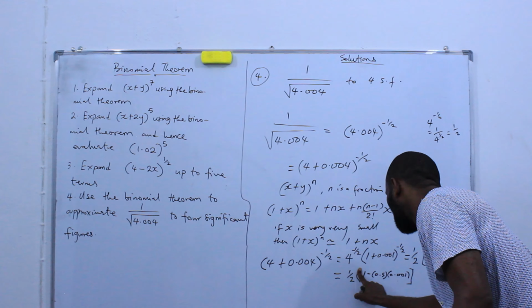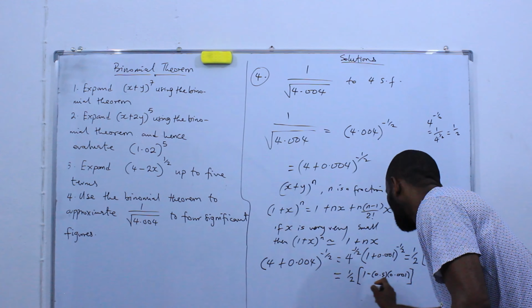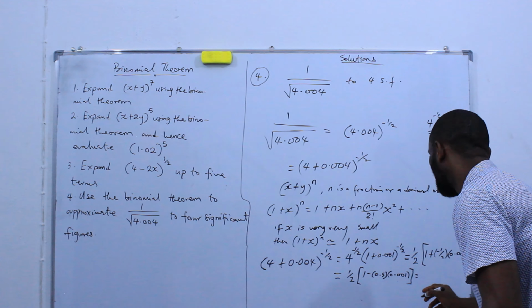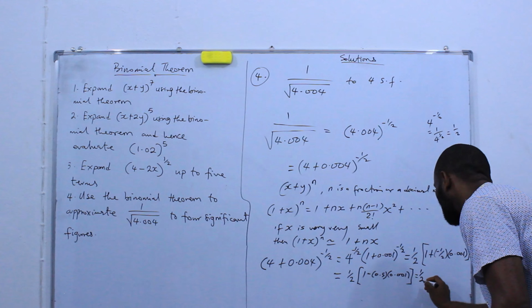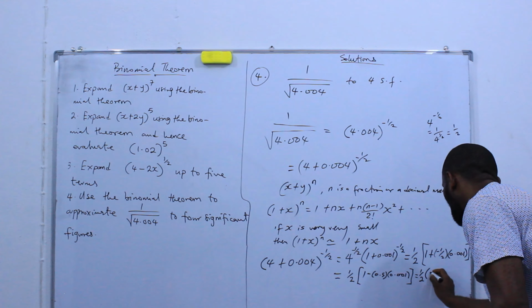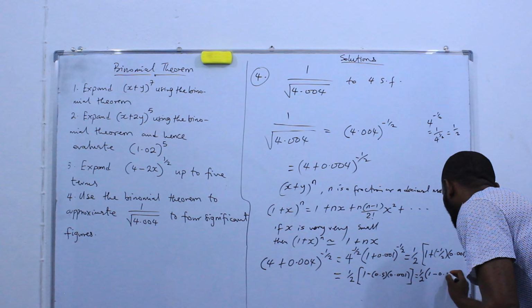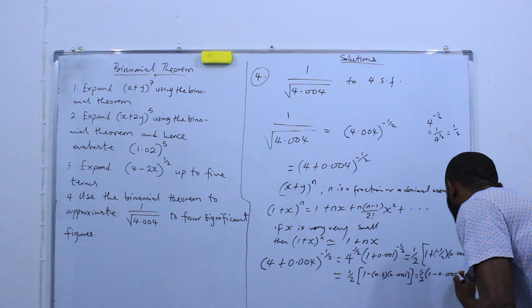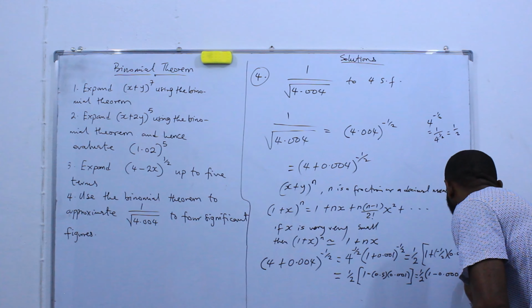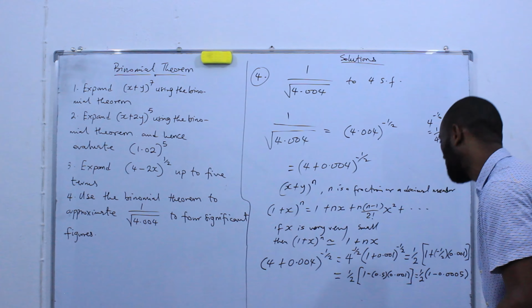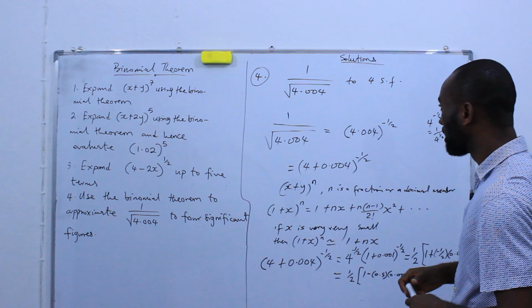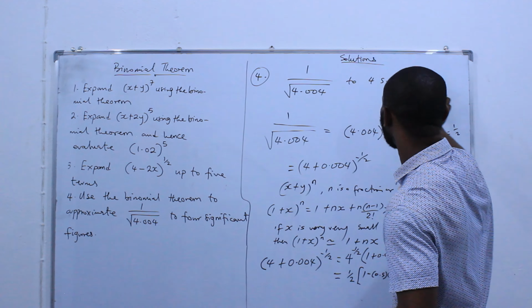Let me still use block brackets here to finish up. This will give us half brackets 1 minus, if you multiply this and this, you're going to have 0.0005. This is what you will have.